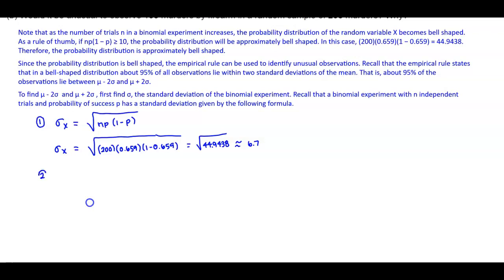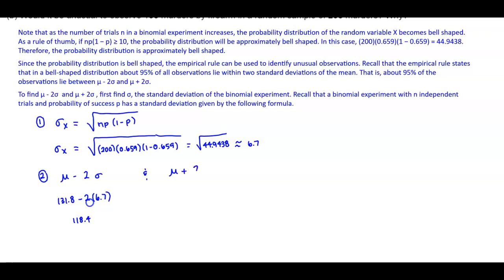Mu minus 2 times the standard deviation is 131.8 from the beginning part minus 2 times 6.7, which gives us 118.4.